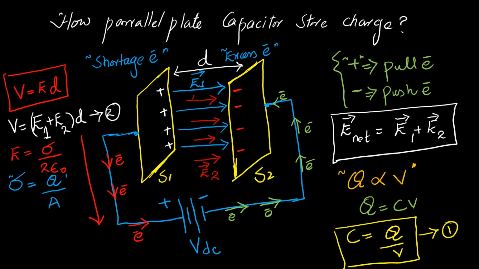So charge on the plate divided by area is the surface charge density. Let's call this equation number 3. We can incorporate equation number 4 in equation number 3, and putting in the value of sigma, the electric field intensity E is equal to Q divided by 2 epsilon naught into A. We can say this is equation number 5.